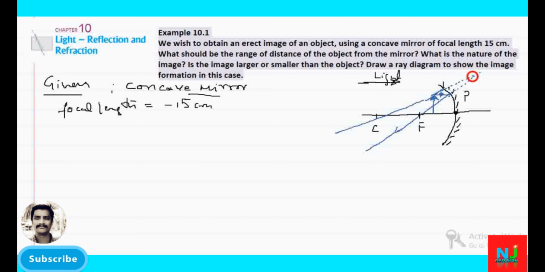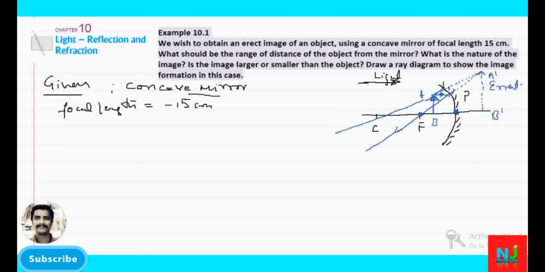If you produce it in the backward direction, these two rays meet behind the mirror. This is A dash B dash, and AB is the object. The image is formed behind the mirror. This is what happens when the object is kept between the pole and the focus. This is the erect image.